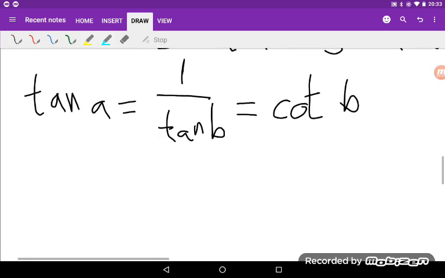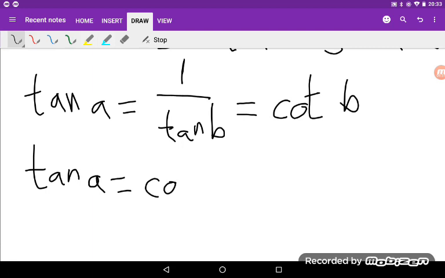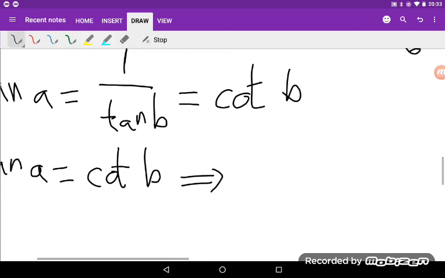Okay, so we have tangent of a is equal to cotangent of b, and from that we can conclude that actually a plus b is equal to 90 degrees or pi over 2.